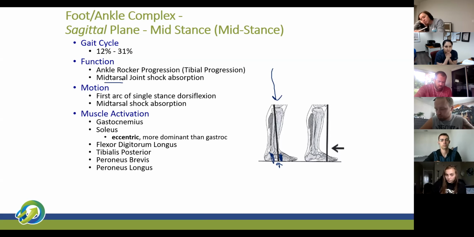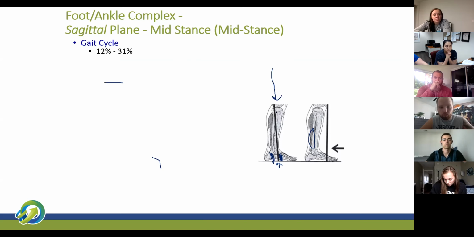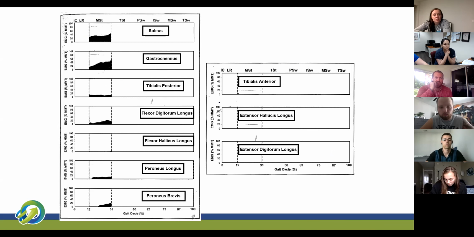You can kind of see where they would be located. They attach to the lateral lower leg, and they work to evert. These two are also plantar flexors. If we go back a little bit to the EMG, you don't see any activity except for a little blip of the tibialis anterior.